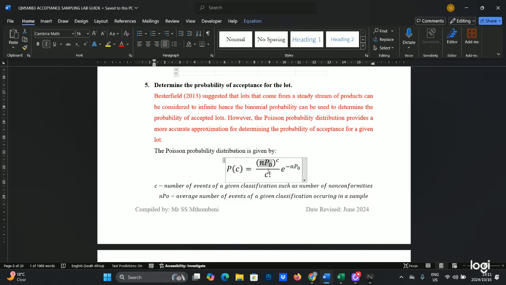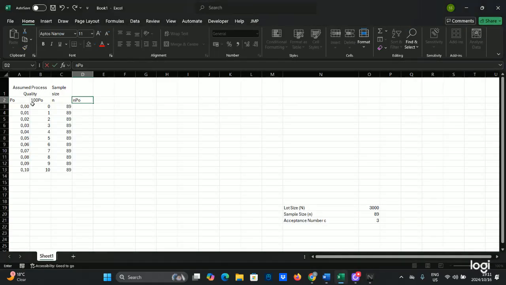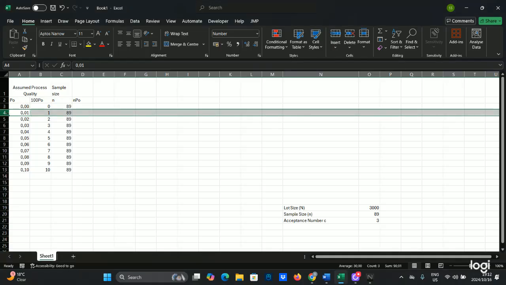NPO, the expected number of defectives, is the PO times the sample size. So from that 89, you might find 0.01% of non-defective product.